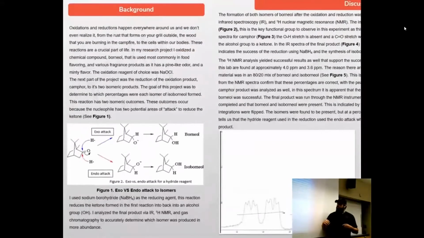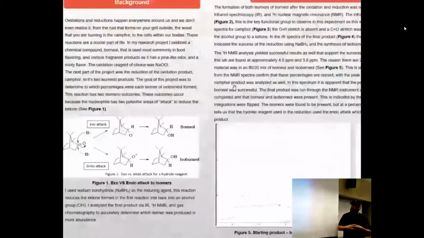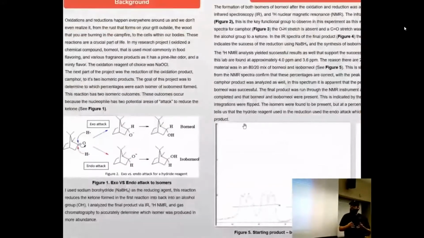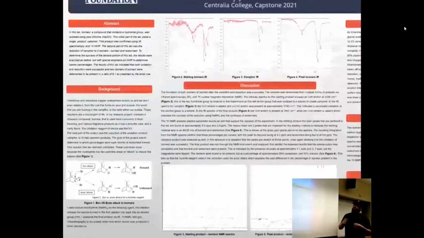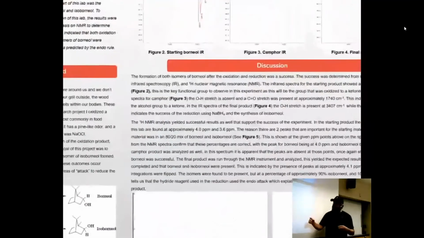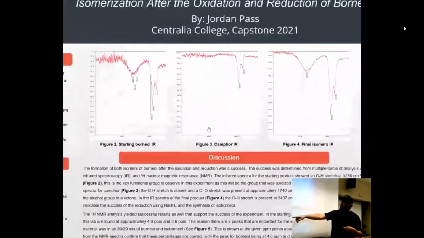The first step was the oxidation, for which I used pool chlorine. The main point of this was to turn it into camphor.